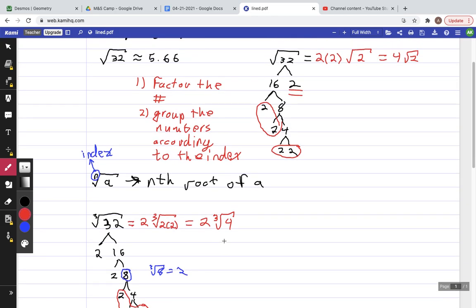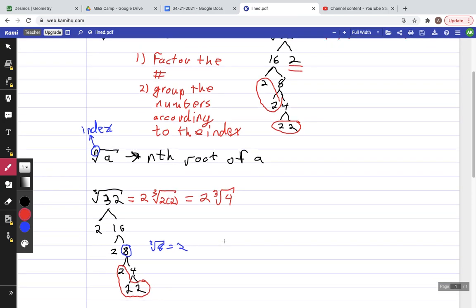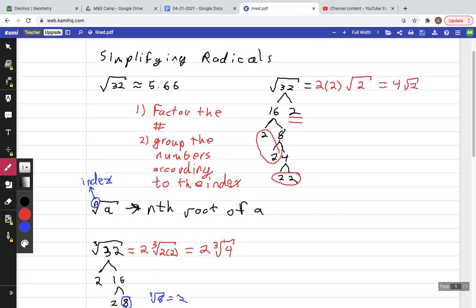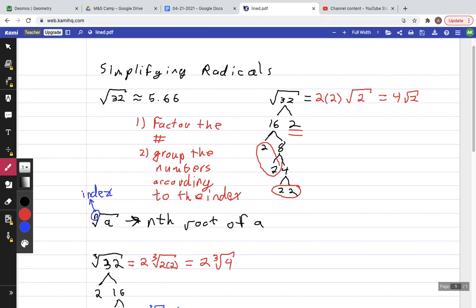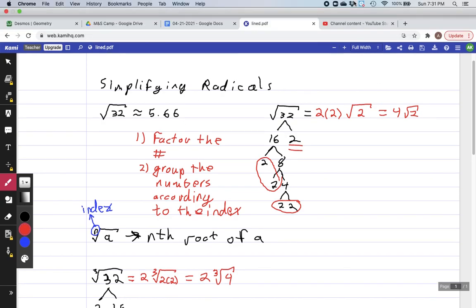The long and the short of it is just factor the number down and then group your factors according to the index. Okay, that will do it for this video, and I will see you in the next one.